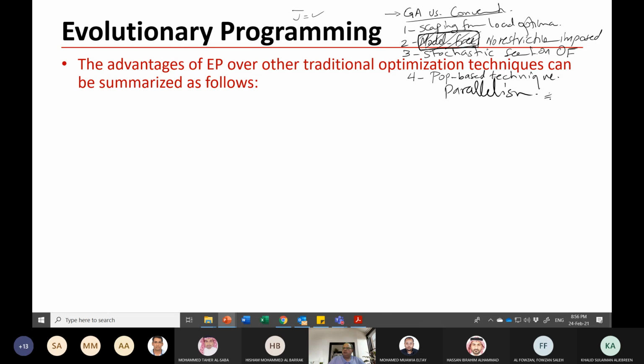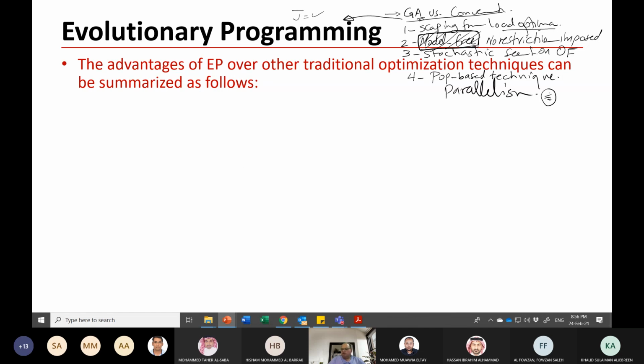And this will make you less susceptible to local optima. If you have a number of solutions, most likely you will escape from the local optima. Okay, so these are some of the advantages of GA, and also of evolutionary programming.